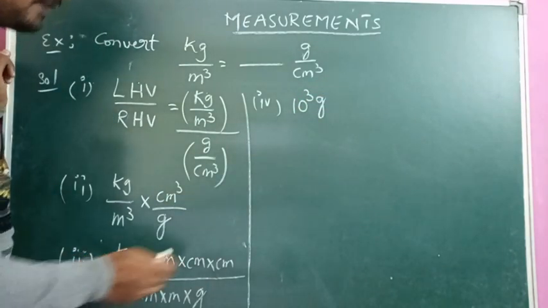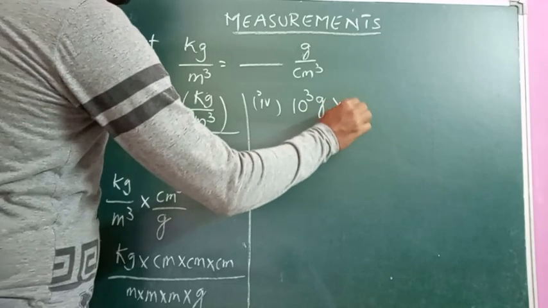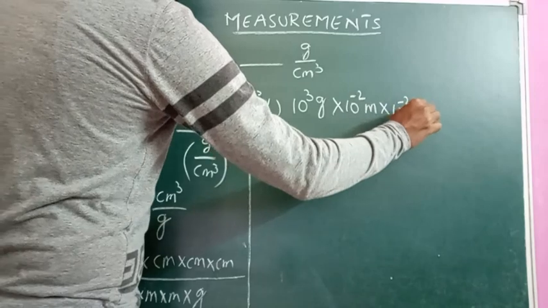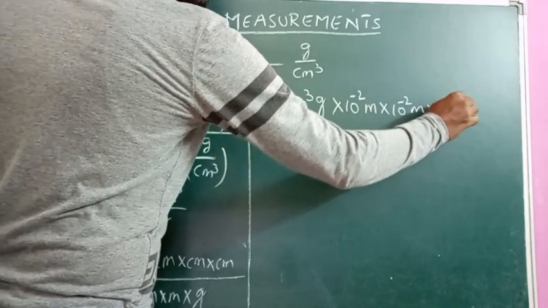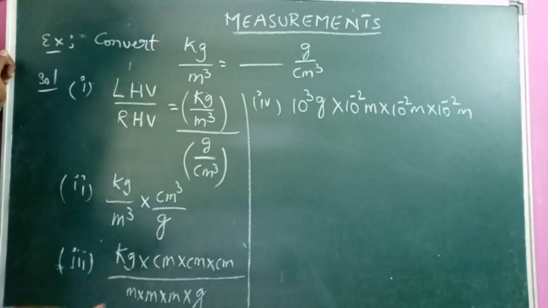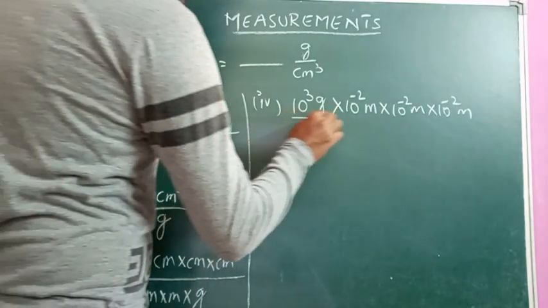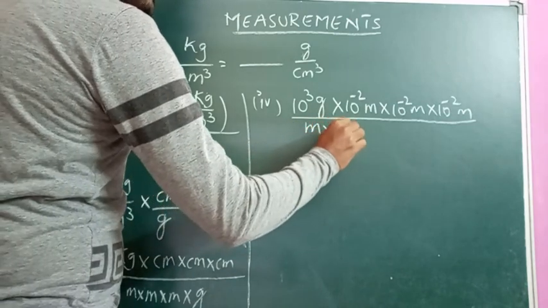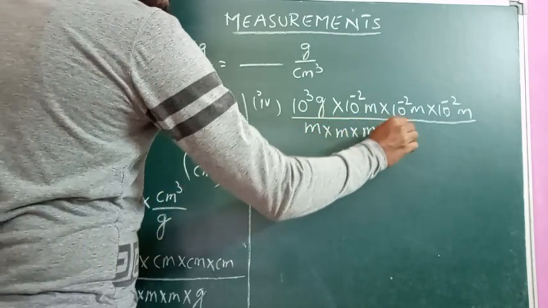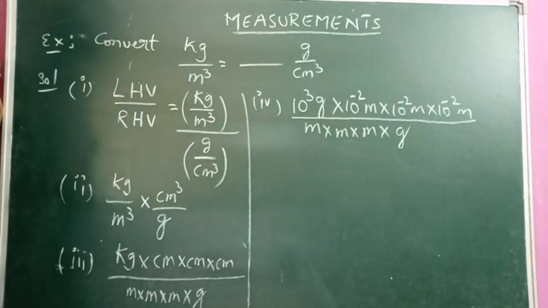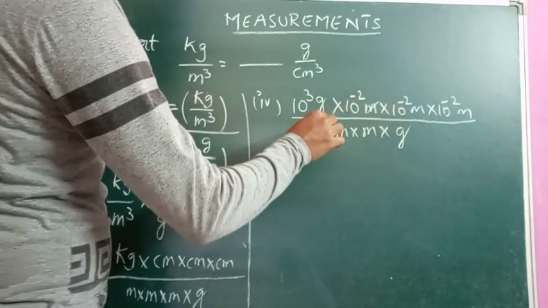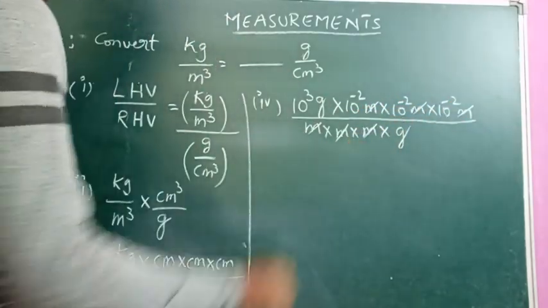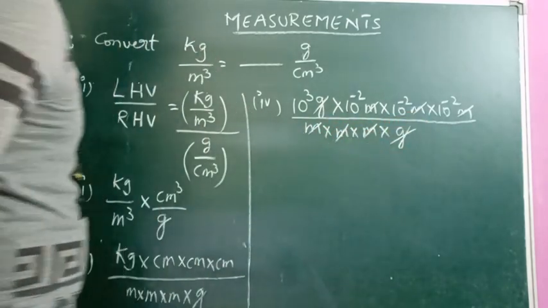So 10 power 3 gram into C value 10 power minus 2 meter into 10 power minus 2 meter into 10 power minus 2 meter, by the denominator meter into meter into meter into gram. Here the meters get cancelled, and this gram and this gram get cancelled.